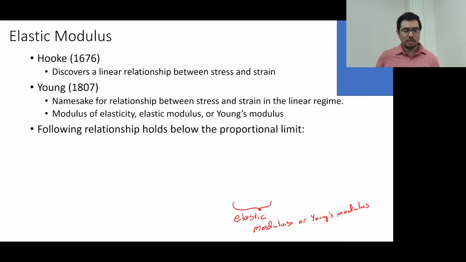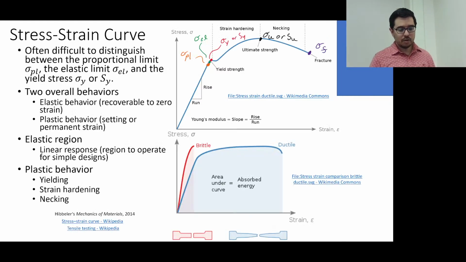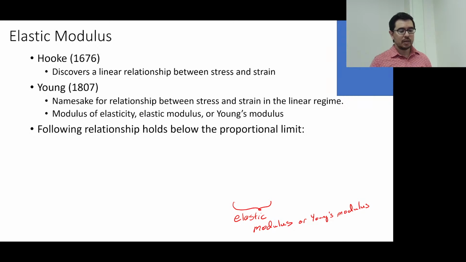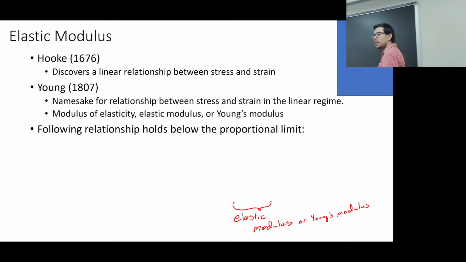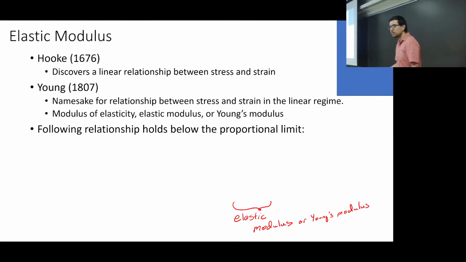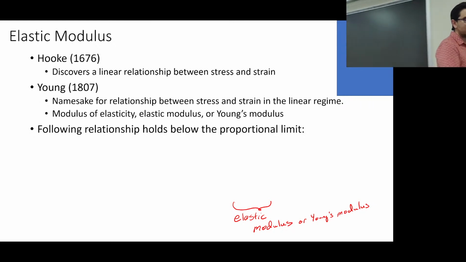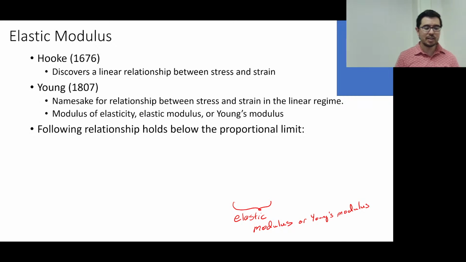Okay. Now, remember here we said that there's some slope in the elastic regime, and remember Hooke's law, right? That was the K. Well, in 1676 Hooke discovers a linear relationship between stress and strain.